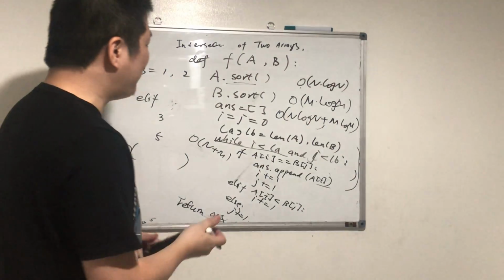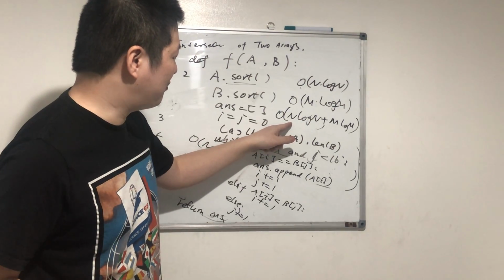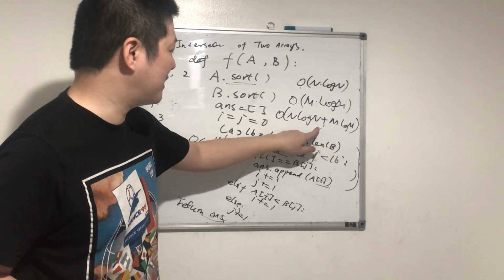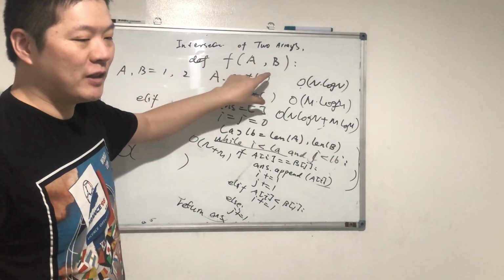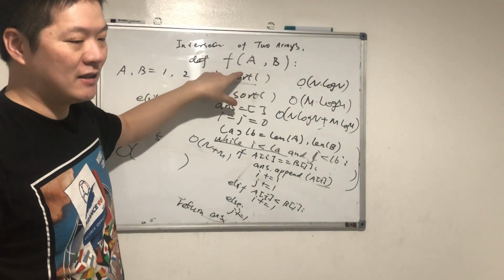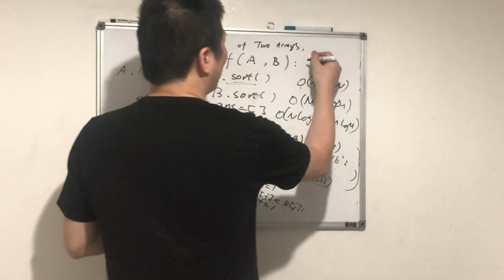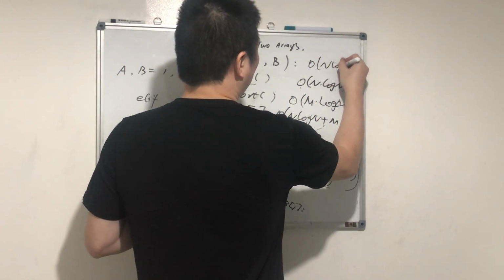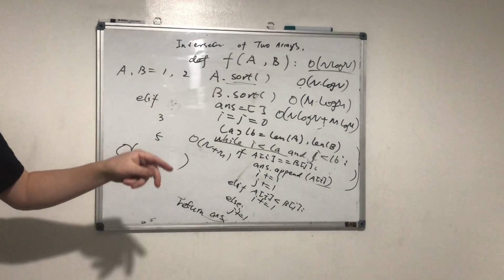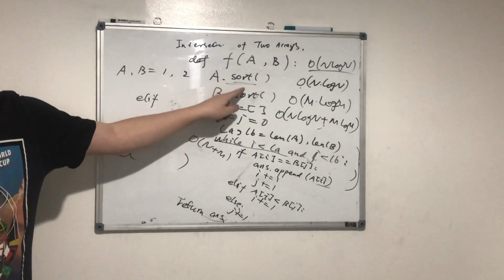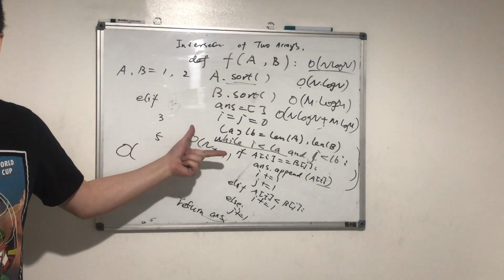Or if you prefer, you can merge this, but I wouldn't. If the number of elements in both arrays is the same, then we can just say O n log n. That will be simple because the overall complexity is dominated by sorting. This takes most of the time. This is trivial.